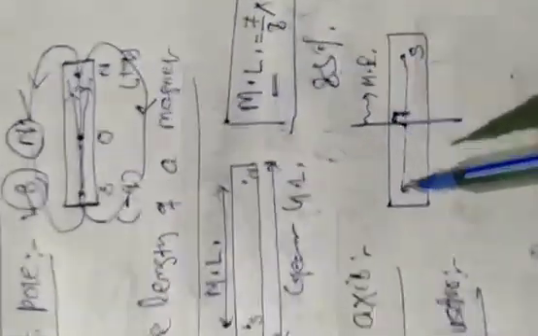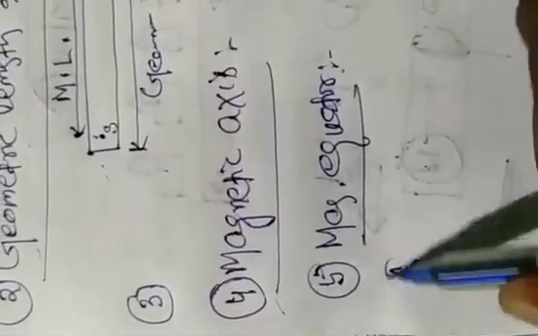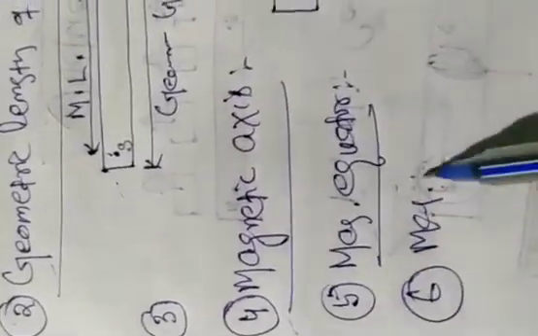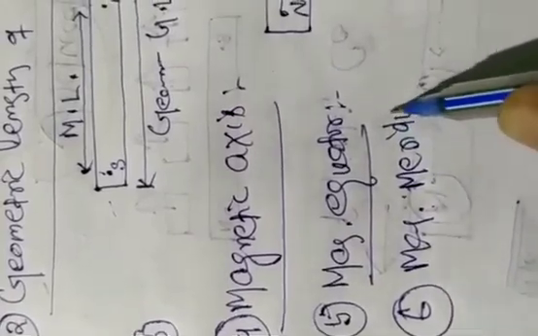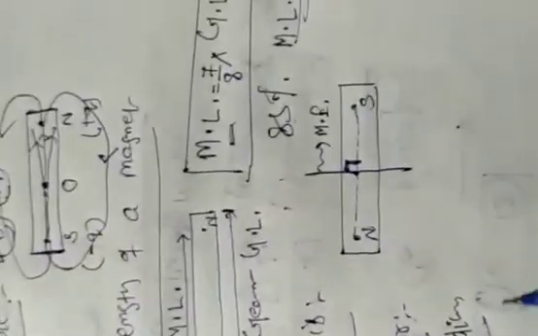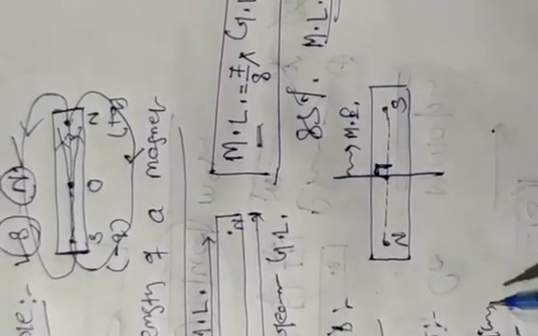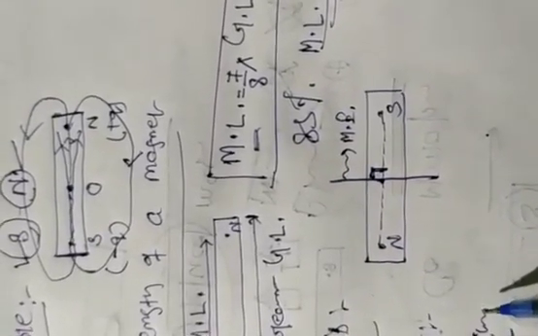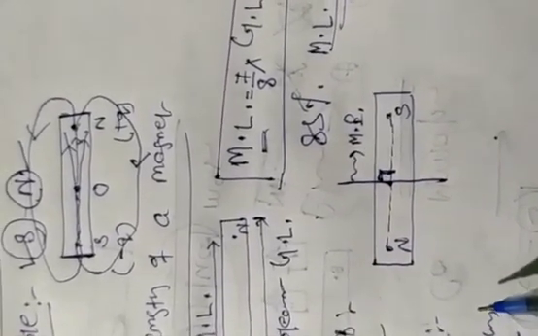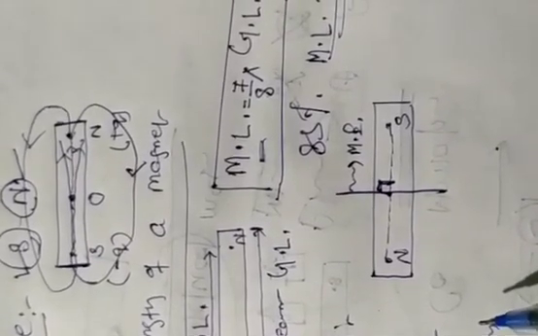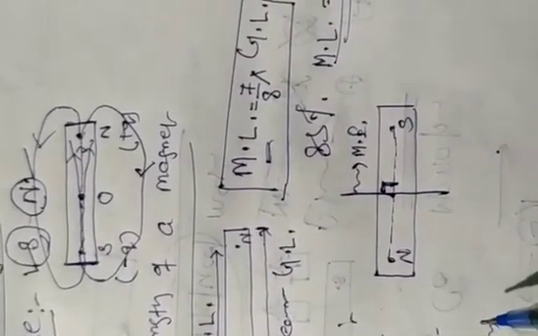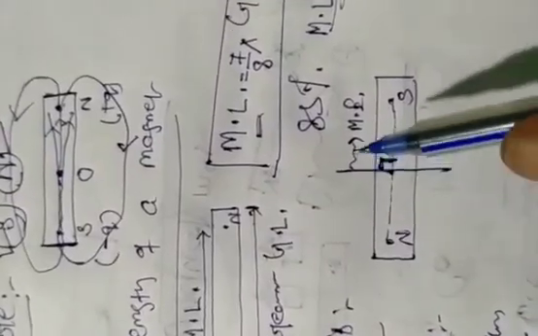Another property, number 6, magnetic meridian. What do you mean by magnetic meridian? If a magnet is freely suspended from its center of gravity, then the imaginary vertical plane passing through it is known as magnetic meridian.